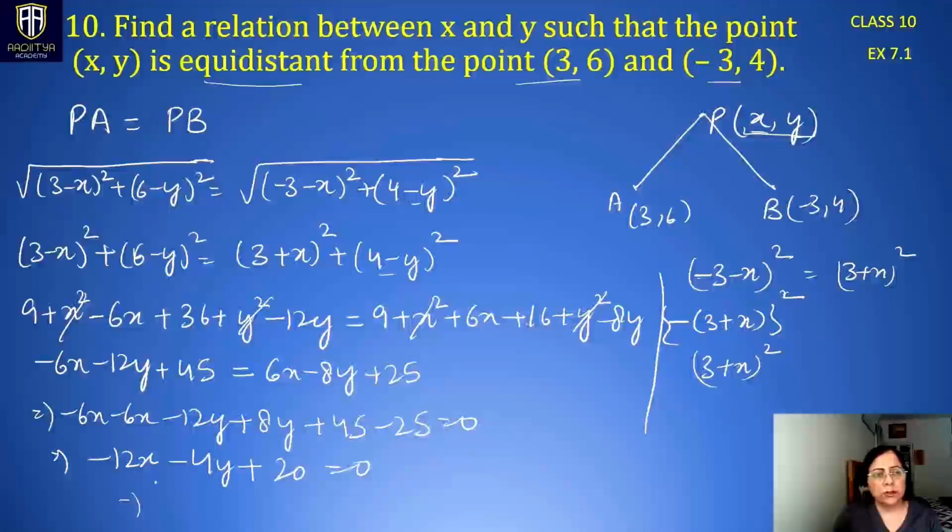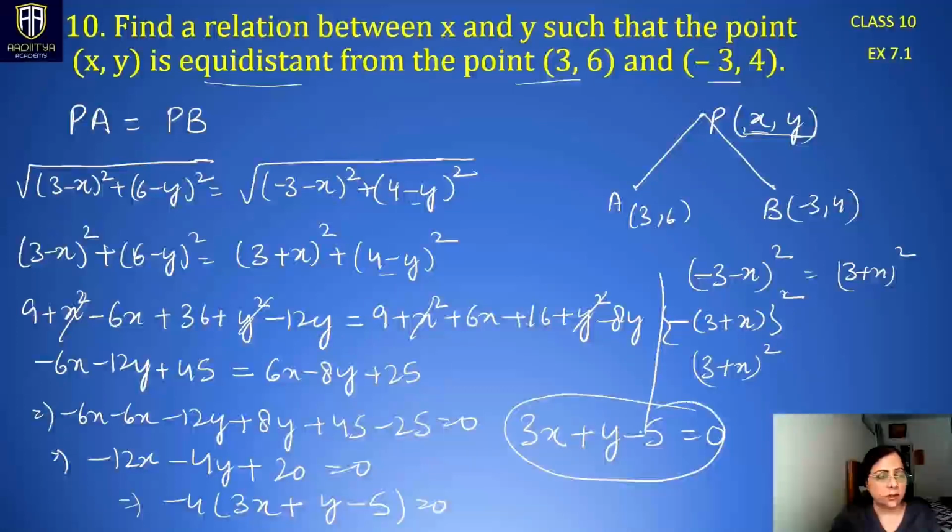Now what we can do is take negative 4 common from here. So we have 3x, this becomes positive y. Negative 4 has been taken. This becomes negative 5. So this negative 4 is brought down to the right hand side, becomes 0. So the relationship is 3x plus y minus 5 is equal to 0. So this is the relationship between x and y.